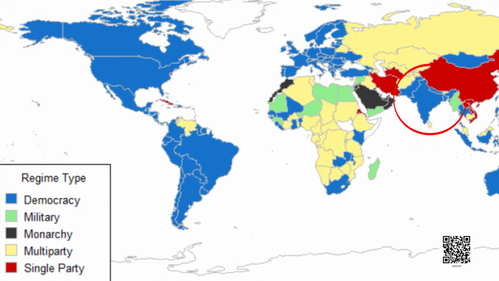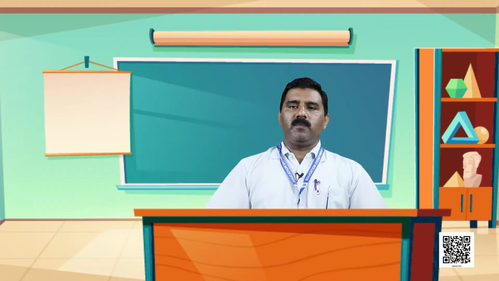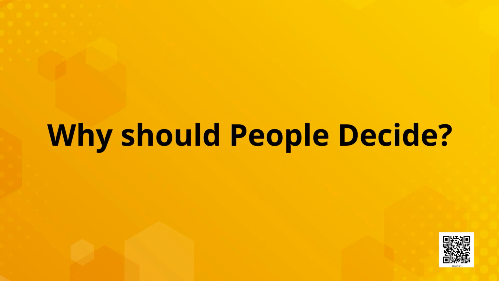We are fortunate that we are living in India, one of the largest democracies in the world. Since independence, our country's makers decided to run the country in a democratic way. Why did they think like this? Why should people decide?